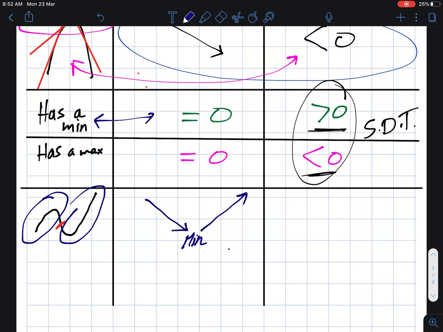So in this case, the first derivative has a minimum, it means the second derivative is equal to 0. But it's very essential to say that it changes sign. It changes sign from what to what? In this case, because the first derivative is decreasing, it's from negative to positive.